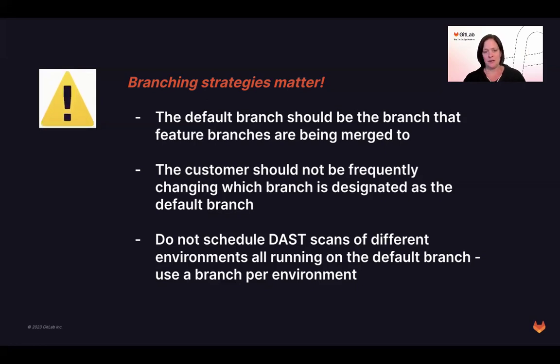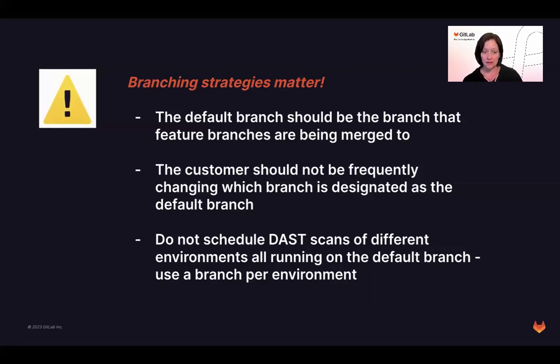What we advised them to do was to create two separate DAST scans, run them as scheduled pipelines, one against a stage environment, one against a dev environment, or whatever those two environments were. And then look at the pipeline security tab to see the results of each. Unfortunately, and I know we have some enhancements logged in GitLab, and it's something we're considering, if not already planning on doing, but unfortunately, right now, the vulnerability report can't switch which branch we're looking at.